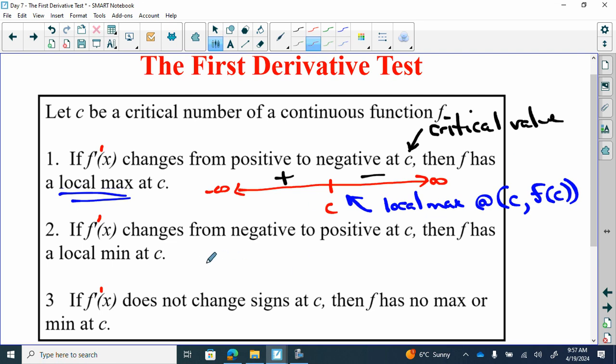In number 2, it's saying your number line goes like so. It goes from negative to positive, decreasing to increasing. Well, if the y values are coming down and then they go back up, they have to hit a low point. In this case, c represents a local minimum.